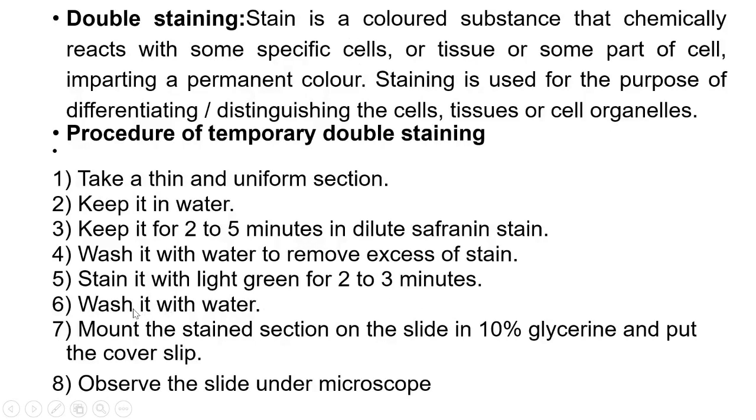Then after staining, you have to again wash the excess stain and mount the stained section on the slide in 10% glycerin and put the cover slip. We have to put the cover slip with the help of a needle to avoid air bubbles. Then after preparation of the slide, observe under microscope.